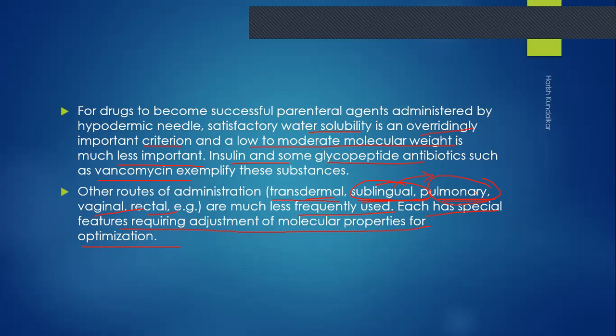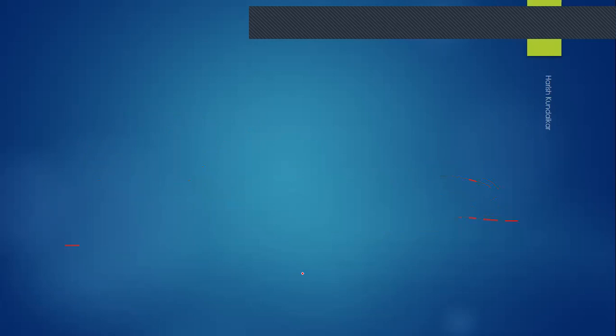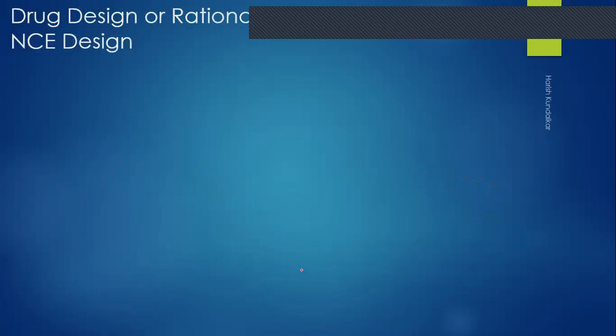So instead of that, we can use the pulmonary route. But for each and every route that we think of, there are different physicochemical properties that we need to get into the picture and optimize. That's the reason we mentioned that each has its special features requiring adjustment of molecular properties for optimization.